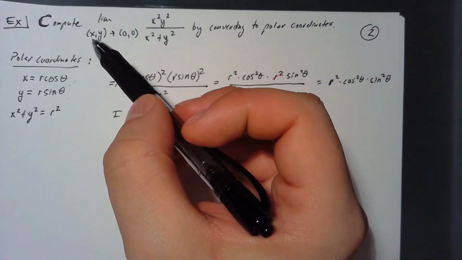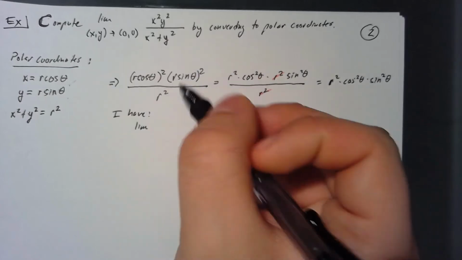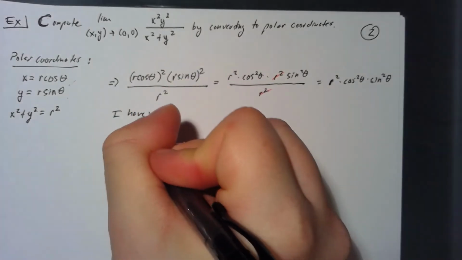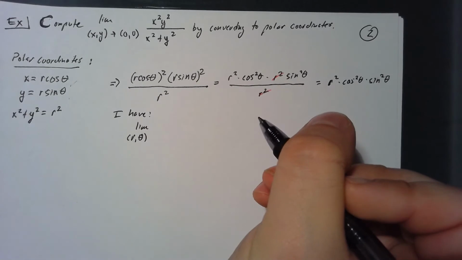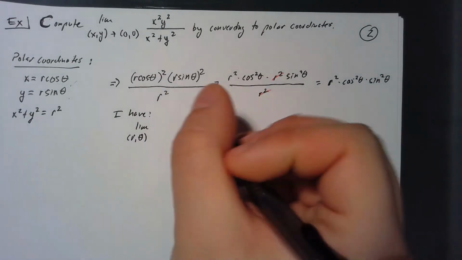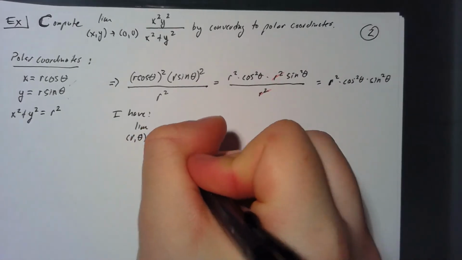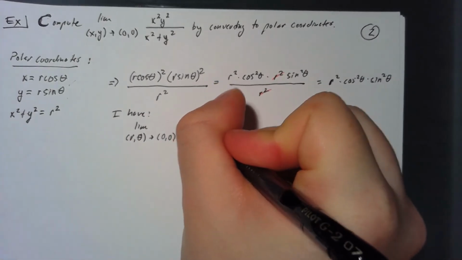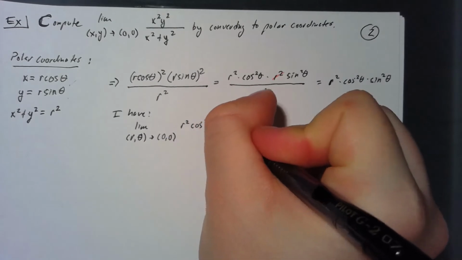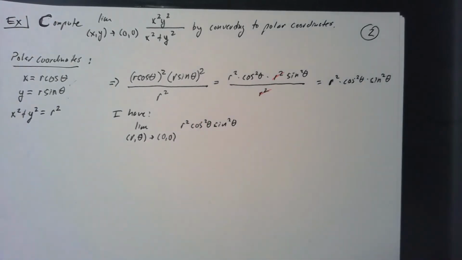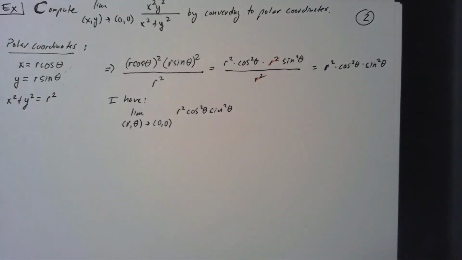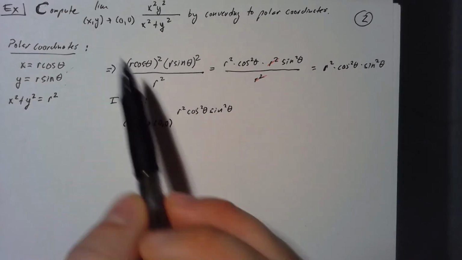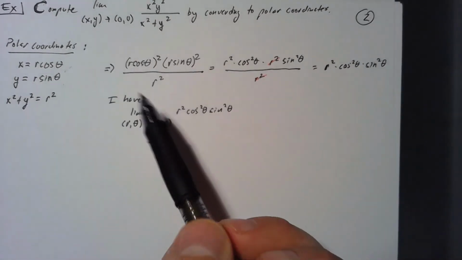So x and y now becomes the limit as r and theta approach the same value, 0, 0, of this function. That's what I have now. I could just replace this because those are the conversion formulas for polar and Cartesian coordinates.